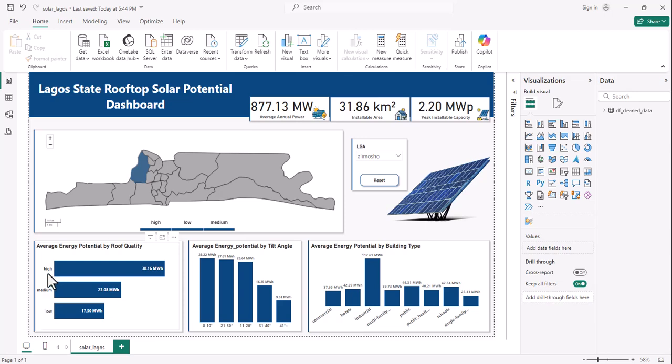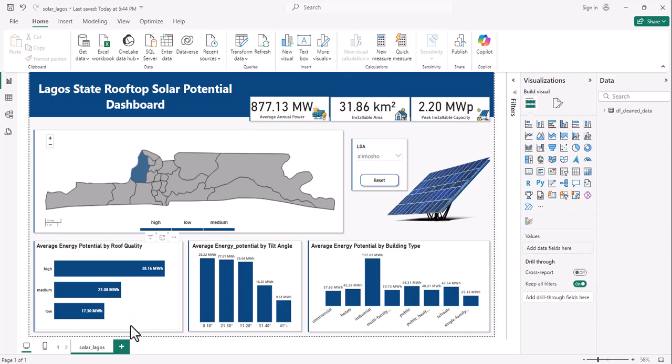For those high quality rooftops in Alimashaw local government, we can generate about 38.16 megawatt hours of energy potential from the cumulative rooftops. Likewise, for those of medium type, we can generate about 38.08 megawatt hours.